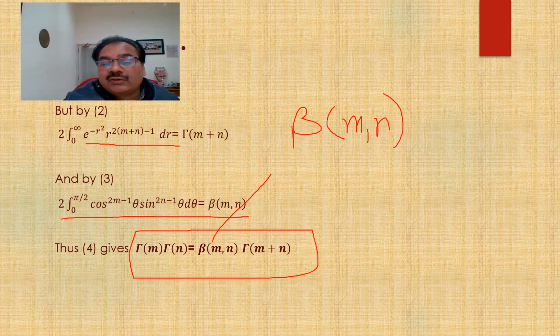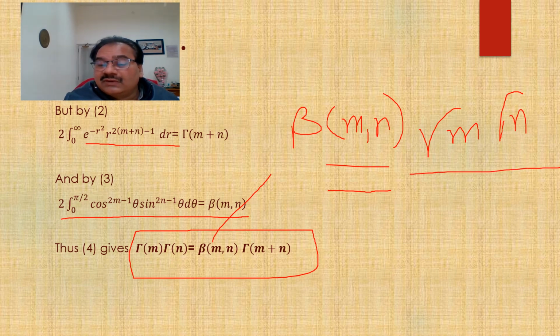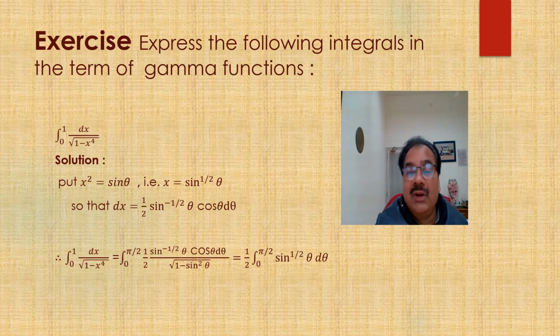So this is a beautiful relation between gamma and beta function: beta mn is equal to gamma m gamma n divided by gamma m plus n. So this is a relation between gamma and beta function.